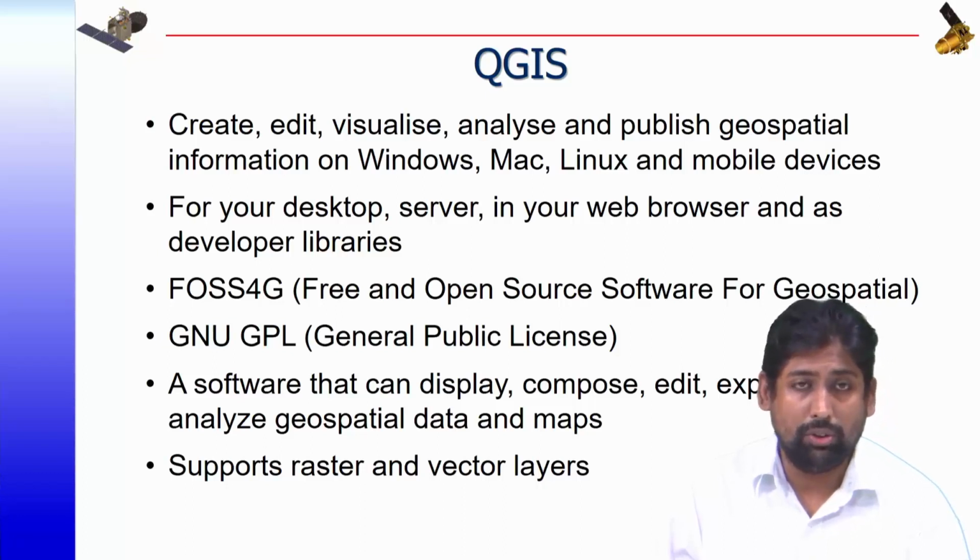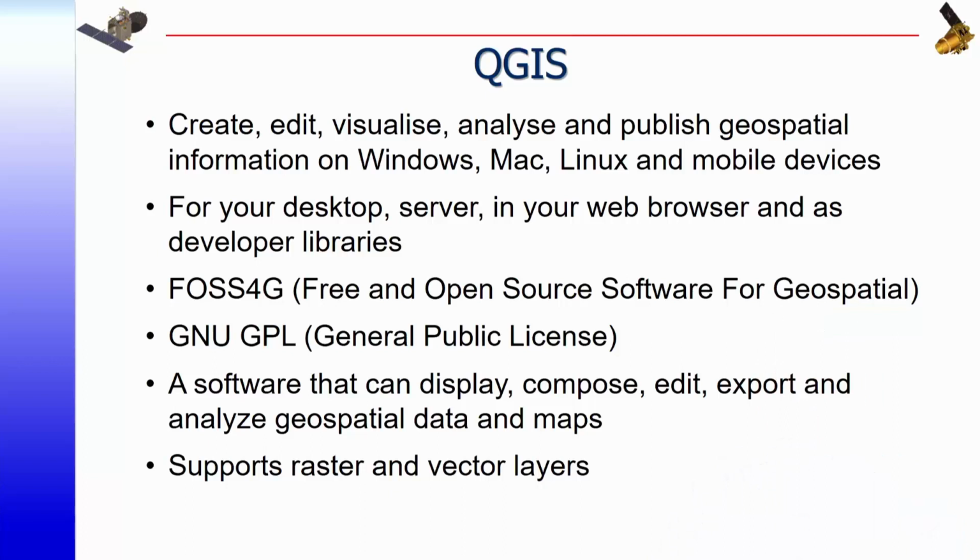It can be a Windows operating system. If you have a MacBook, it can run on a MacBook. If you have a Linux based system like Ubuntu or Red Hat, or even in some mobile devices. It works on your desktop, it works on your server, it even works in your web browser, and as developer libraries.